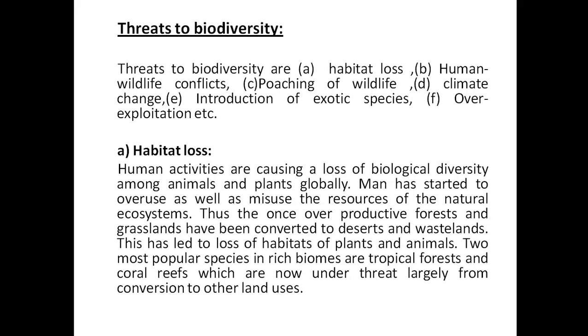The threats to biodiversity are many, which include habitat loss, human-wildlife conflicts, poaching of wildlife, climate change, introduction of exotic species, overexploitation, etc. However, as this is the truncated syllabus of the university, we will be dealing only with three: habitat loss, then human-wildlife conflicts, and the third, poaching of wildlife.